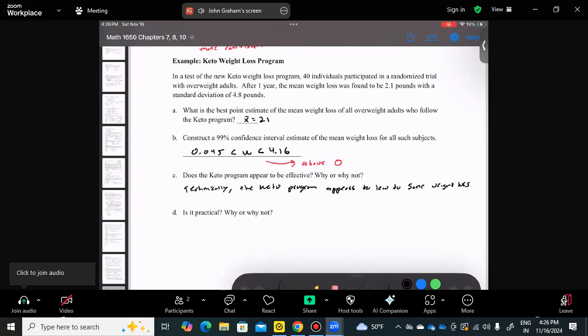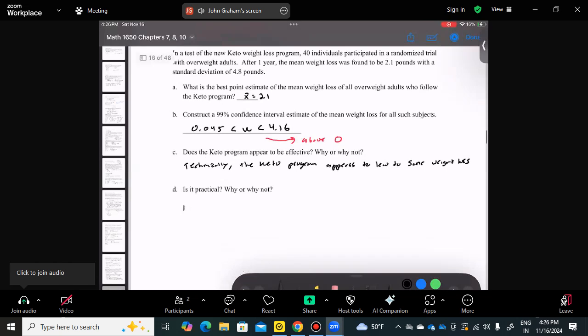Is this practical? No. The weight loss is very small and doesn't appear to be worth participating in the program.